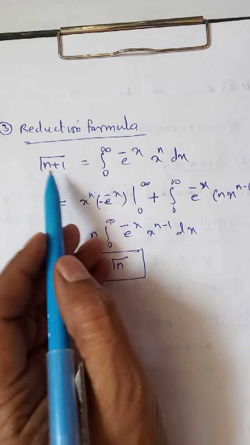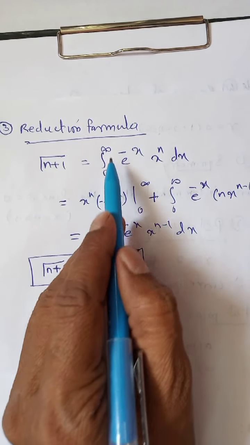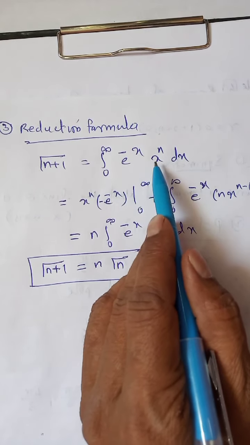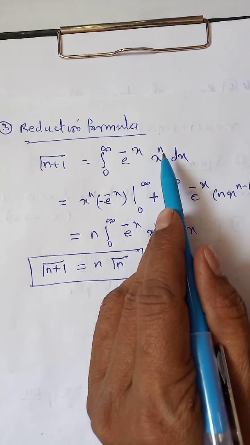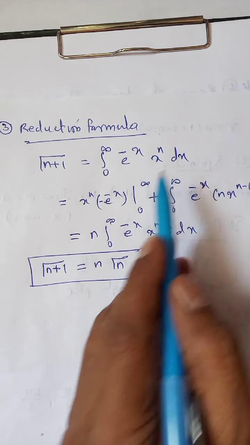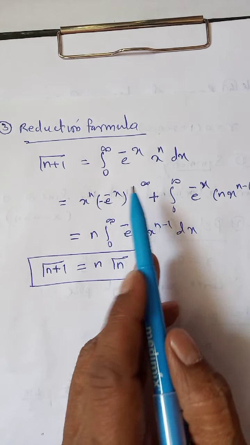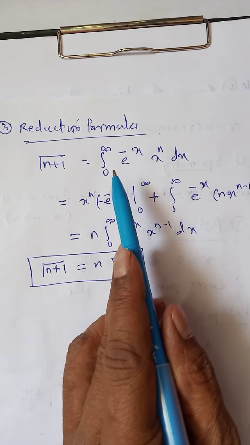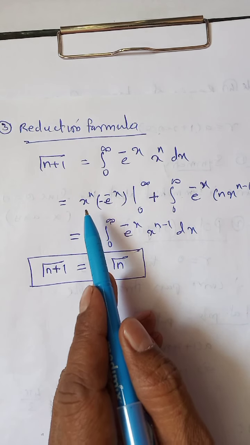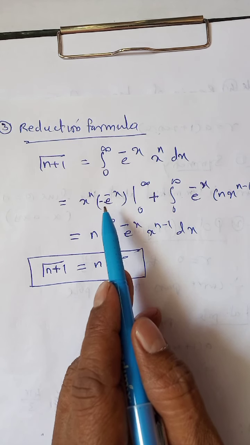So to get the reduction formula, we'll start from gamma n plus 1 is equals to 0 to infinity e to the power minus x, x to the power n, since x to the power n is n plus 1 minus 1, dx. Now we'll evaluate this integration by parts. So first function is x to the power n, algebraic, second is exponential. So x to the power n as it is into integration of e to the power minus x, which is e to the power minus x by minus 1.